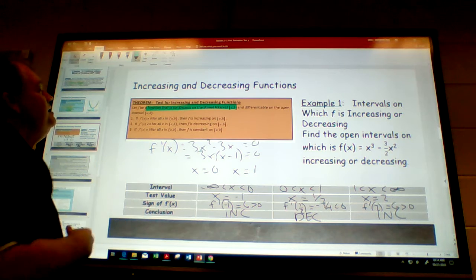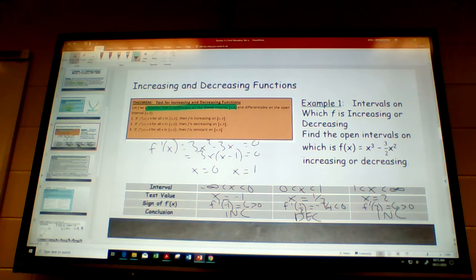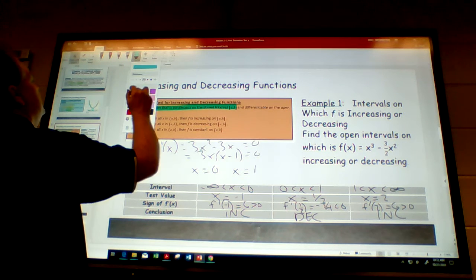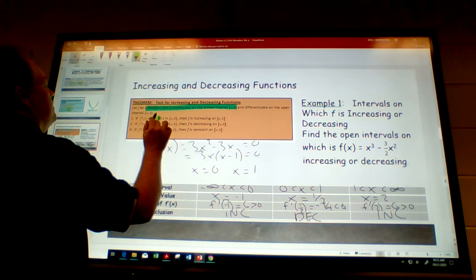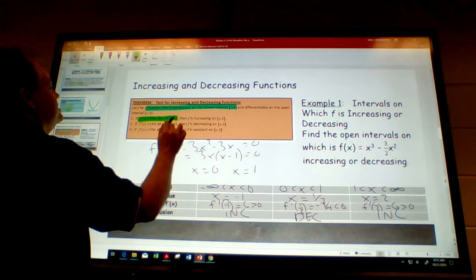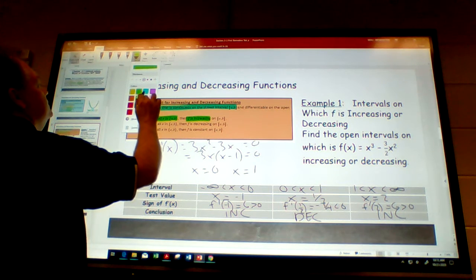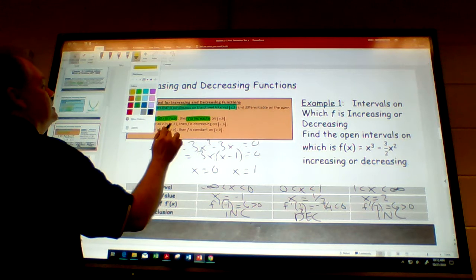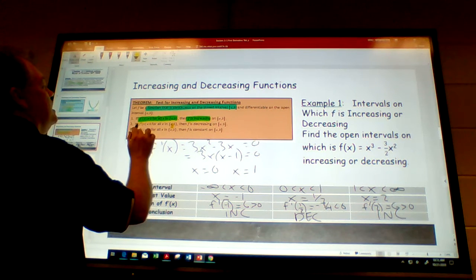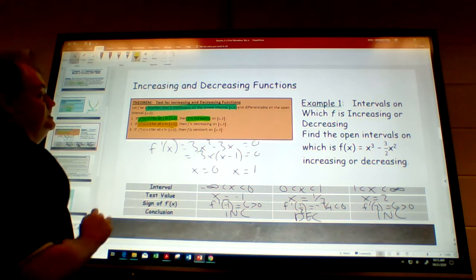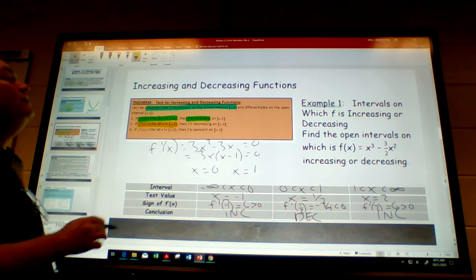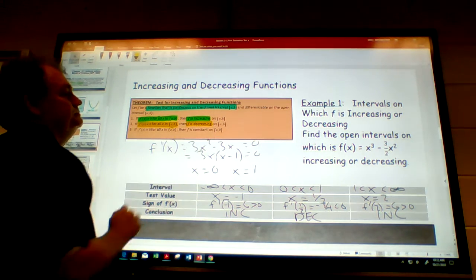If f prime of x is greater than 0, then the function is increasing. So I'm going to highlight that. If f prime of x is greater than 0, then the function is increasing. If f prime of x is less than 0, then the function is decreasing.